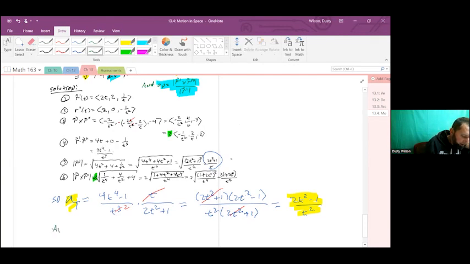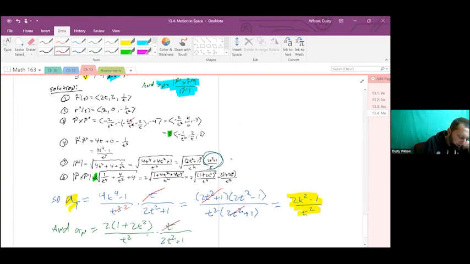And AN is the magnitude of the cross product, which would be 2 times 1 plus 2t squared over t squared, times the magnitude of r prime, but we can just multiply by its reciprocal. So now we're going to multiply by t over 2t squared plus 1.